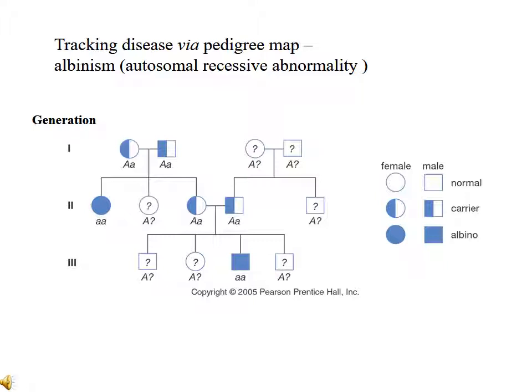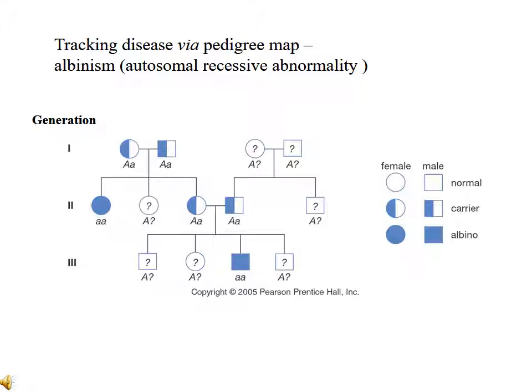Now, if you look at this illustration, to your right, females are represented by circles and males are represented by squares. A carrier is represented by half shaded in either squares or circles, and a fully diseased individual is shown by full colored squares or circles.